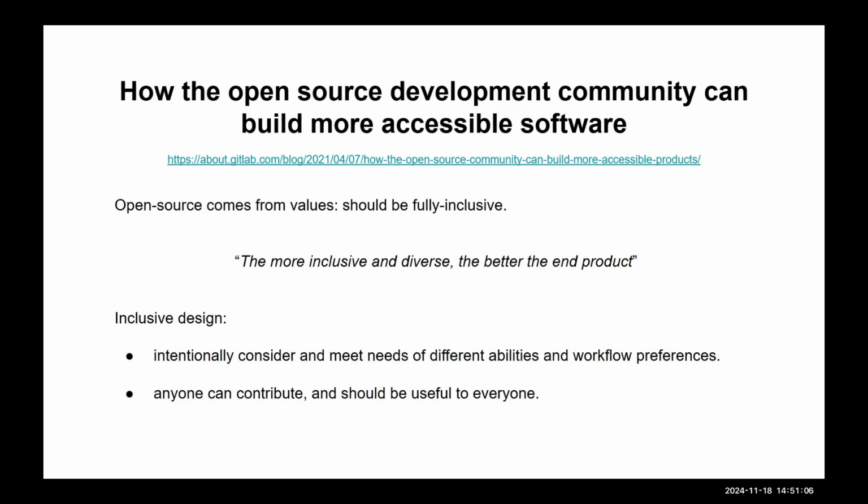And so we can adopt these principles of inclusive design. The first one, of course, is that you intentionally consider and meet the needs of different abilities and workflow preferences. So instead of automating our workflow for efficiency or scalability, we back up and have a design principle where we allow workflow preferences to fluctuate depending on who's trying to use it, build.